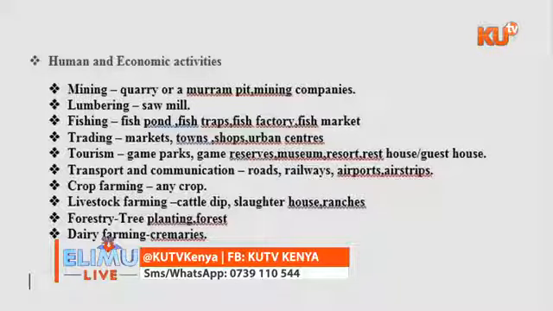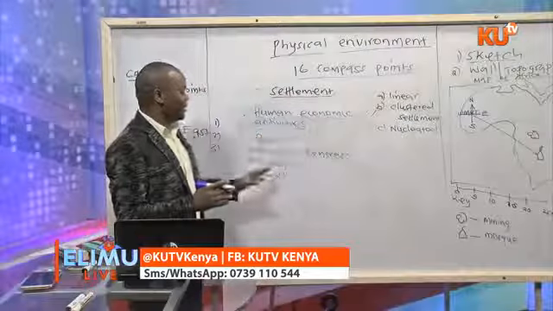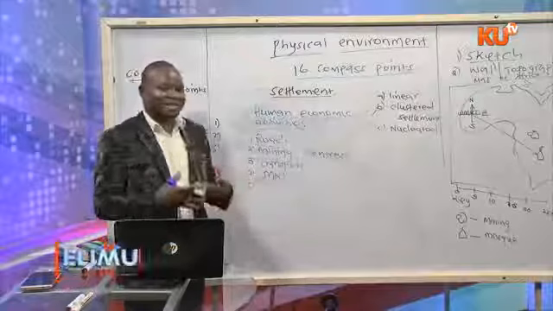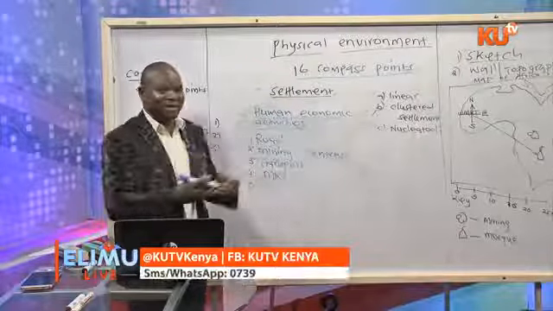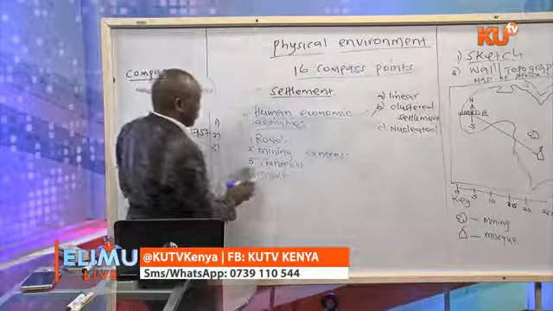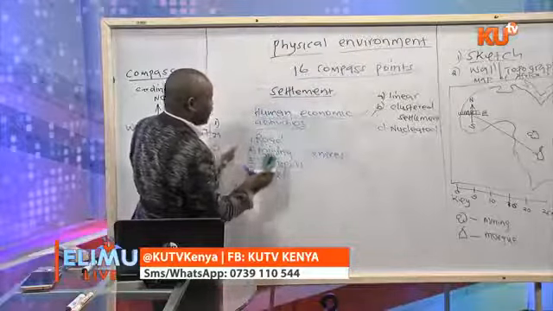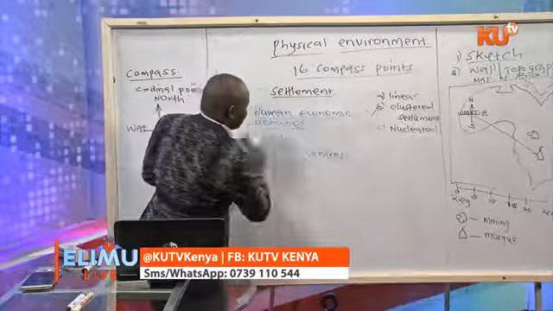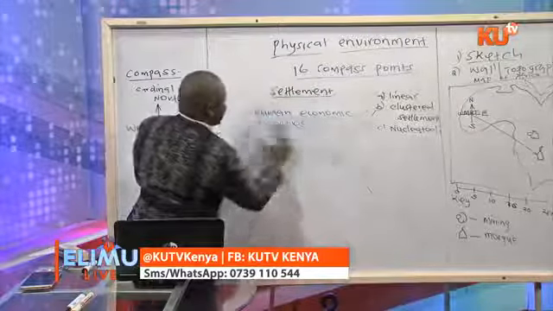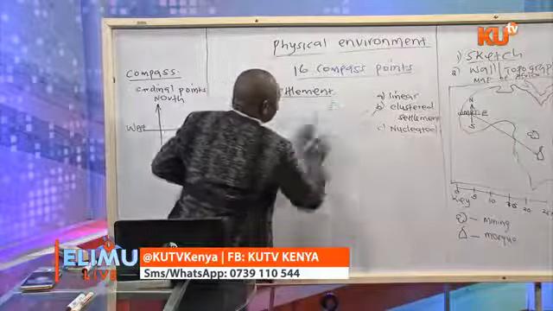You are going to identify that all those are some of the human economic activities which encourage people to settle around a given place. So I'll now give how relevant they are to the people.